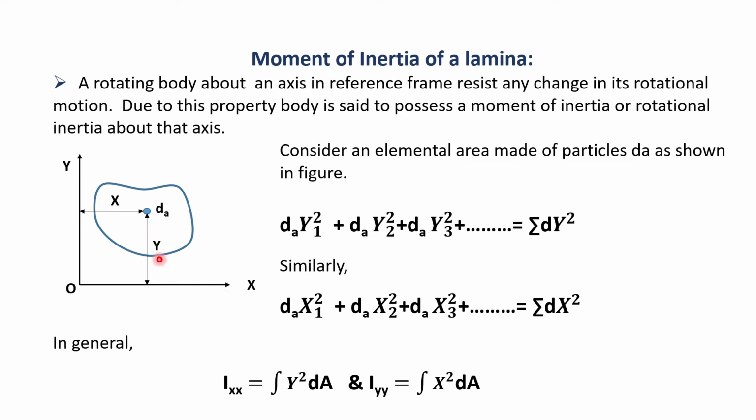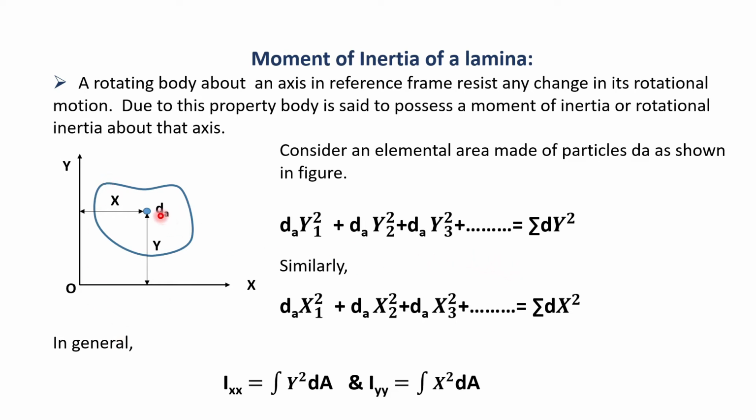Here we analyze it by considering an elemental area dA, which is a representative small area, and by summing it up we get the complete area. When we write down the coordinates of dA, it is at distances x and y from the reference axes Ox and Oy respectively.